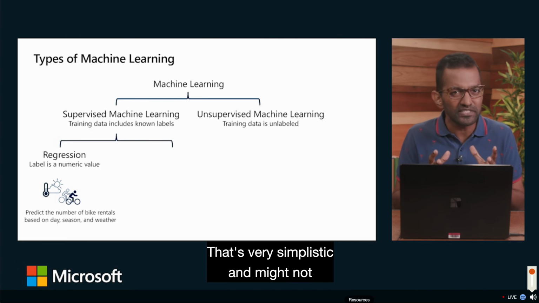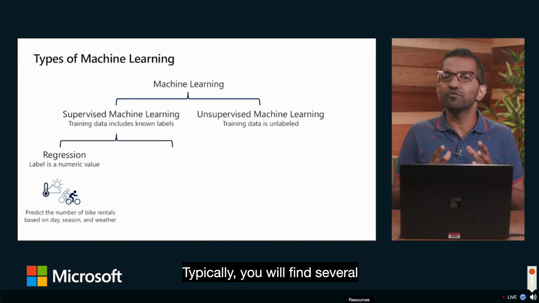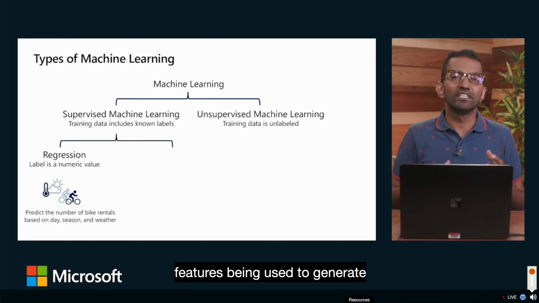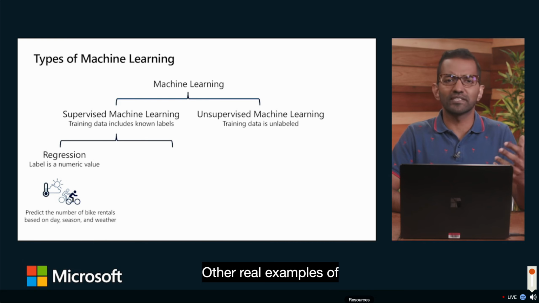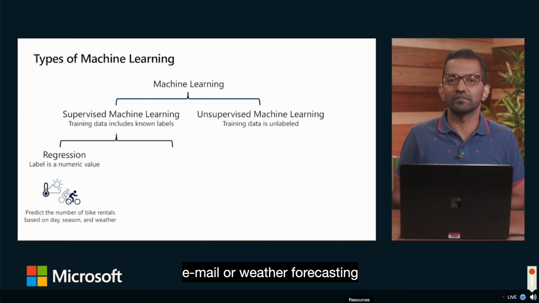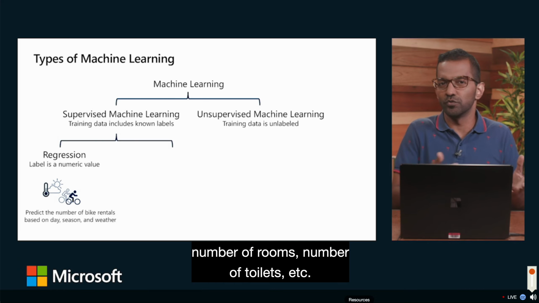That's very simplistic and might not truly give us a very accurate picture. Typically, you would find several parameters being provided as features, being used to generate a more robust machine learning model. Other real-world examples of regression could involve things like spam detection in email, or weather forecasting, or housing prices prediction based on location, number of rooms, number of toilets, etc.